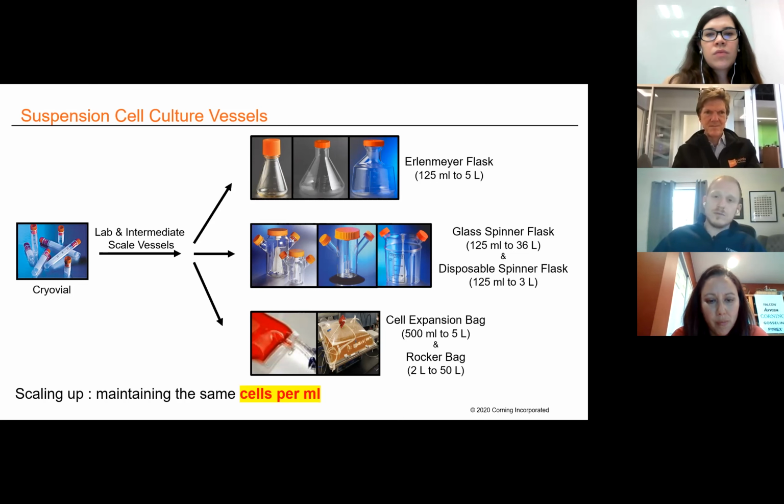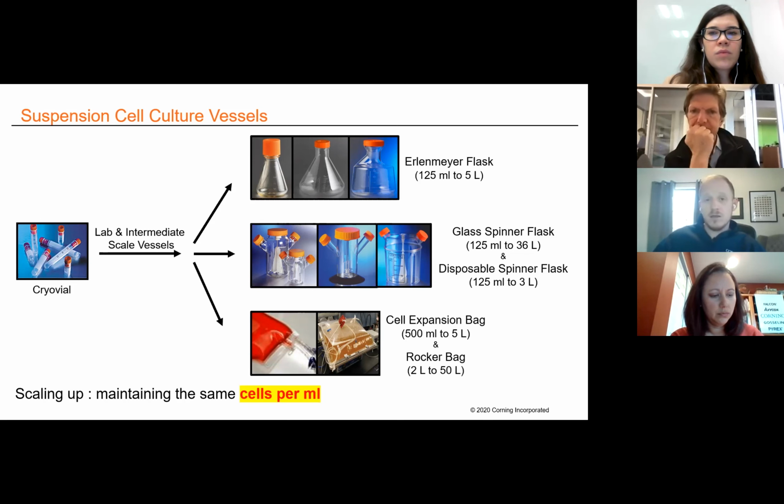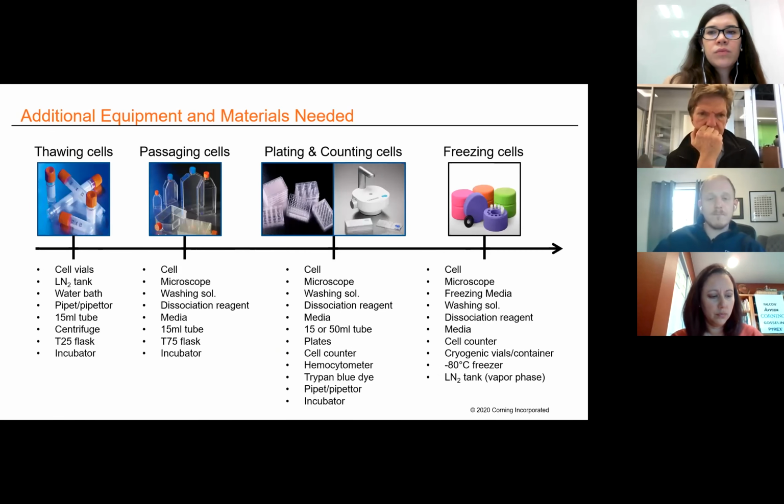There are certain cell lines that are amenable to being cultured in suspension, but I would say a majority are anchorage dependent and do require a surface to be adhered to for their growth. In this case, you're talking about cells per mil, or the number of cells per volume, when you're scaling up or doing your seeding density. So you typically try to keep a consistent cells per mil when you add cells into the vessel, and a consistent cells per mil when you harvest those cells and passage them.